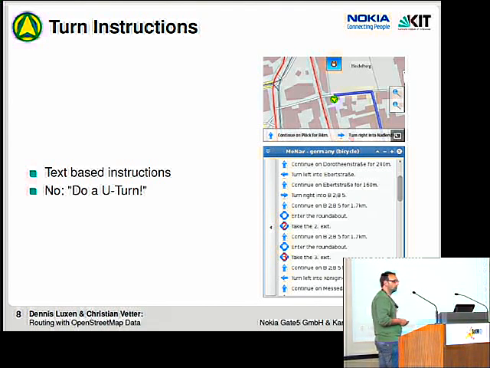At the moment, it's more or less text-based. An obstacle was to get rid of instructions like do a U-turn. Usually, drivers in the car don't want to do U-turns at all, only when it's absolutely necessary, which means you are stuck and have to do it anyway. So this is really a nice feature of Monav.